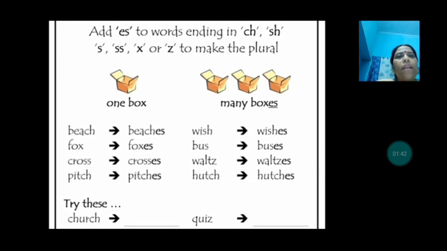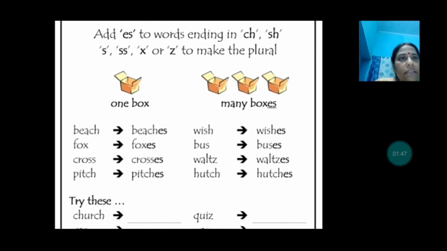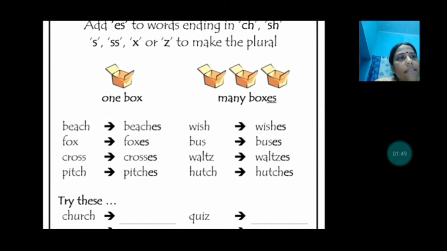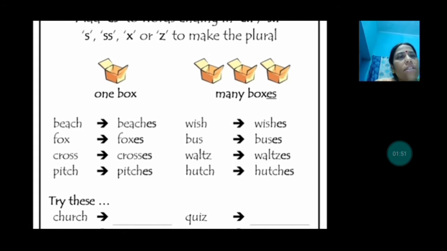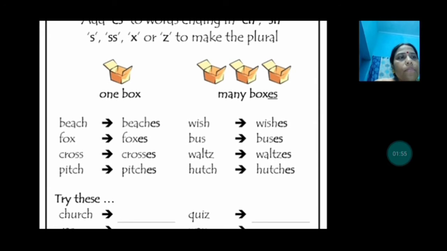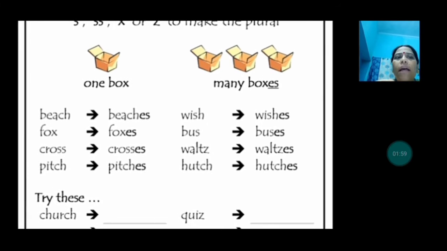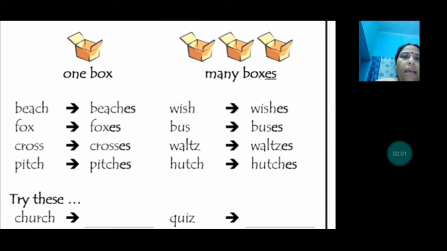Now the next rule: add es to words ending in ch, sh, s, double s, x or z to make the plural. So some words are made plural by adding es, and you have to keep in mind where to add es.